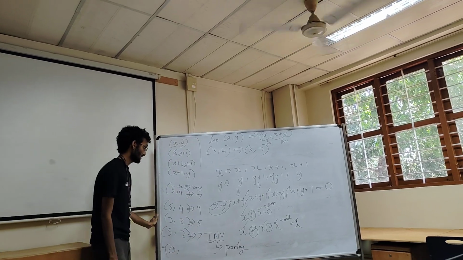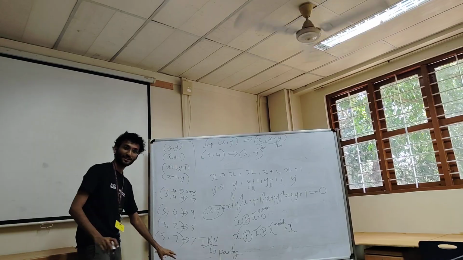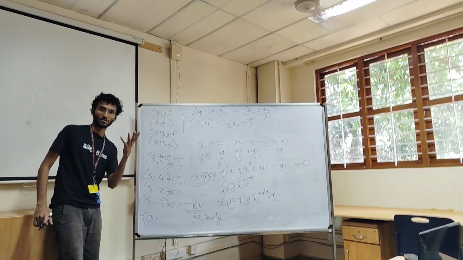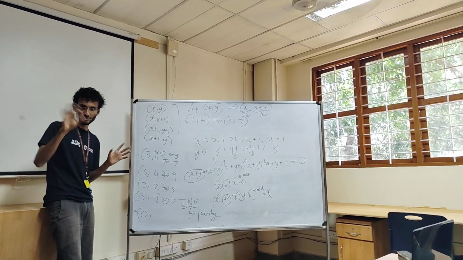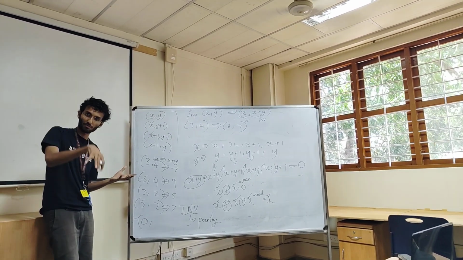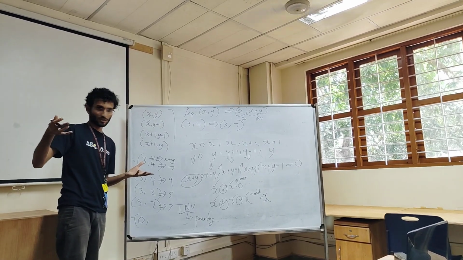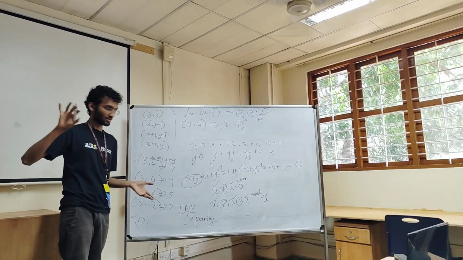Now 7 and 7 will cancel. So our final location, where the light bulb will be on, when you Xor all these: those light bulbs where operations have been applied an even number of times will turn off, and those where operations have been applied an odd number of times will turn on.